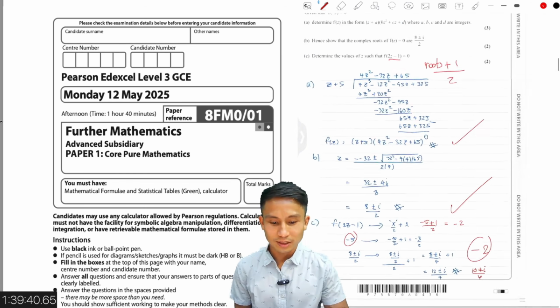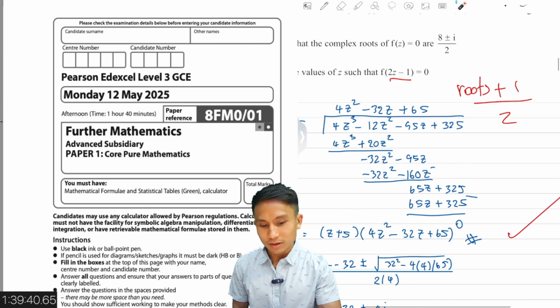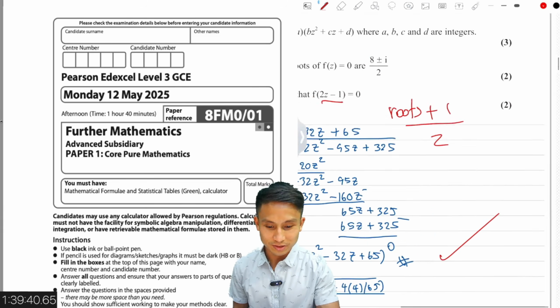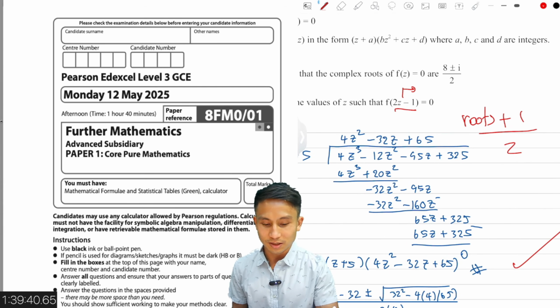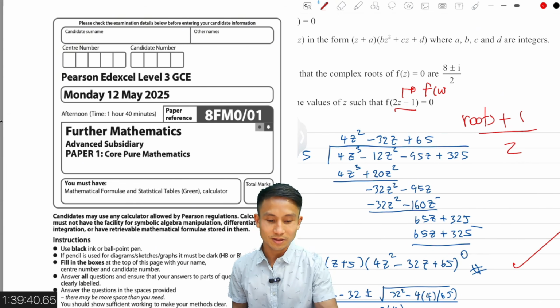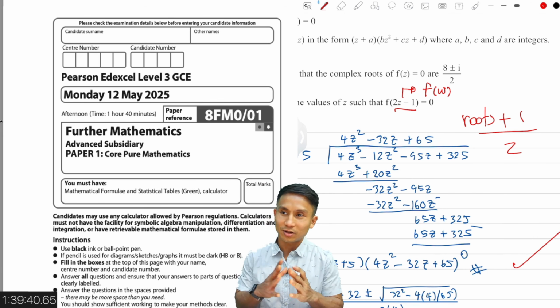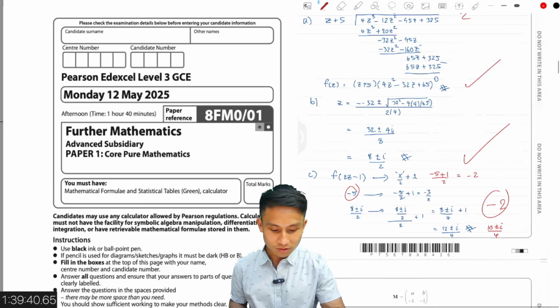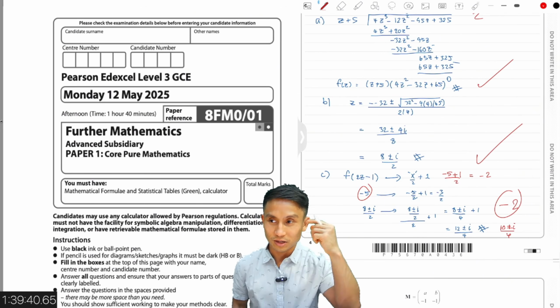So the idea is to make this a W maybe. So it's a transformed complex plane, so it's a f(w), yeah? And so the roots of W would be the roots that we got here, the transformed roots.